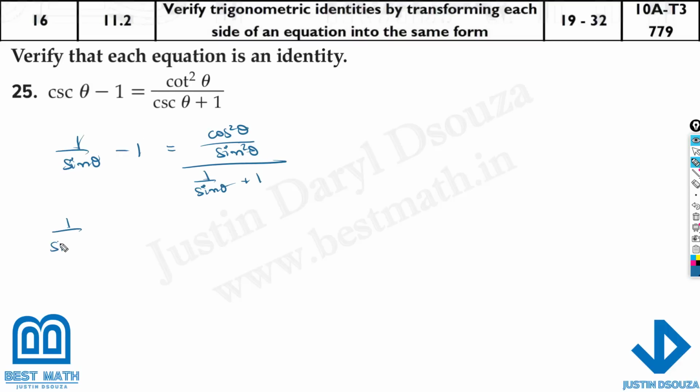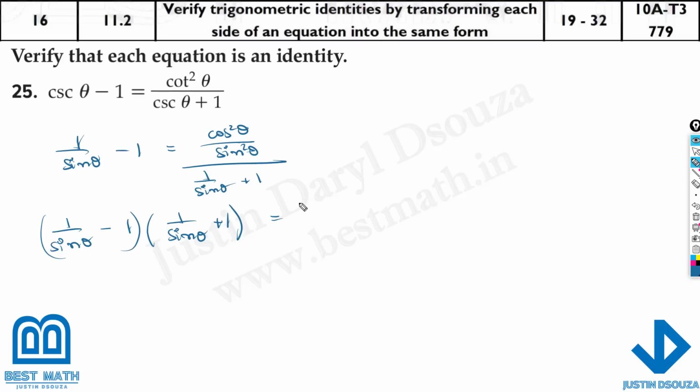Then we will have 1 by sine theta minus 1, this is one term, and 1 by sine theta plus 1. See, there are some hints whenever you see such things. Also, you can do the conjugate here. I'll do that other method as well because now I realize there are two terms. We can do the conjugate here. But you need to know Pythagorean identities of cosine squared theta and stuff.